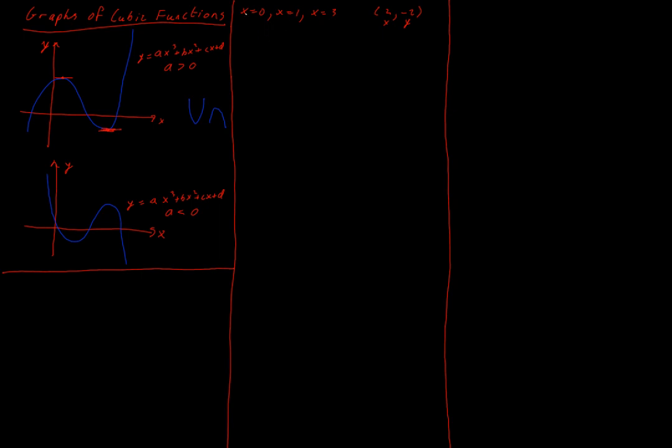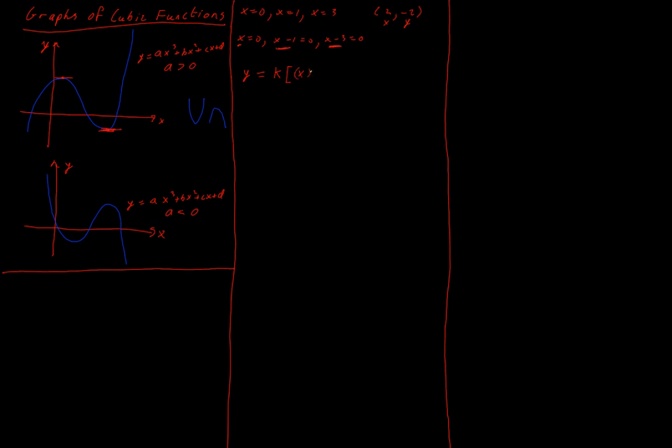I know that if I have the roots, I can rearrange these roots in order to get the factors. I just set my roots equal to 0. So x is a factor, x minus 1 is a factor, x minus 3 is a factor. So I know from my work before that y is going to be equal to some multiple k of my factors multiplied together.